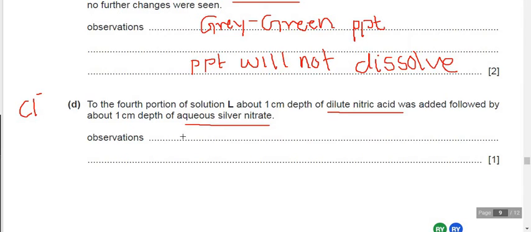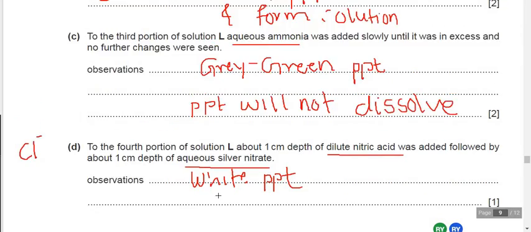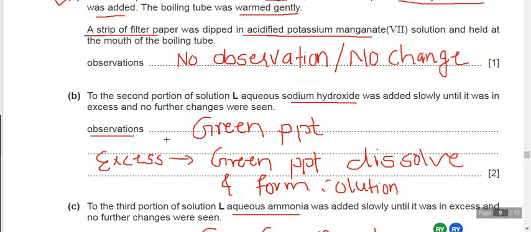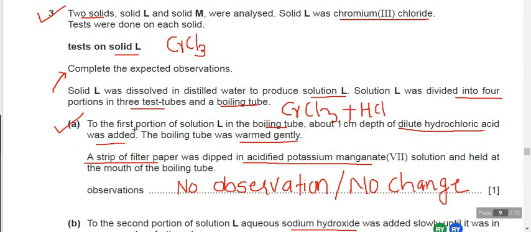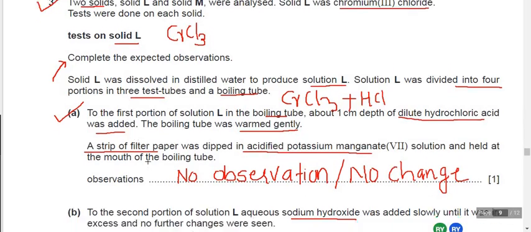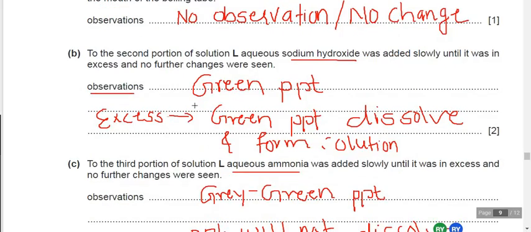So chloride will show you a white color or white PPT. So this is all for chromium chloride. They have given the name of the solid, chromium chloride. We have to follow their observation, whatever they are writing here, and then we can write down our observation.